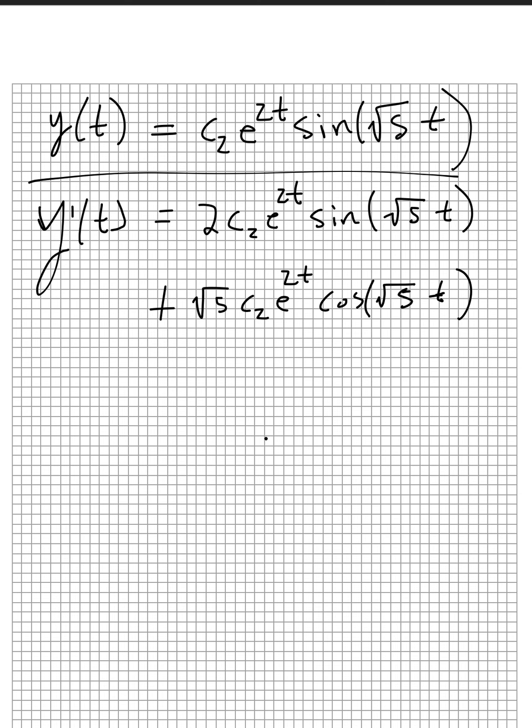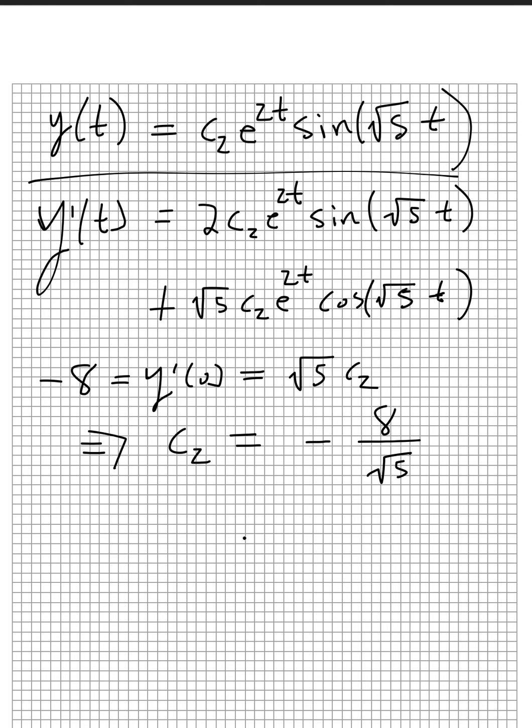And with that being said, we can then use our second initial condition, which says negative 8 equals y prime of 0. And plugging in 0 everywhere will produce this result, which says square root of 5 times C2. So this just implies that C2 equals negative 8 over the square root of 5.